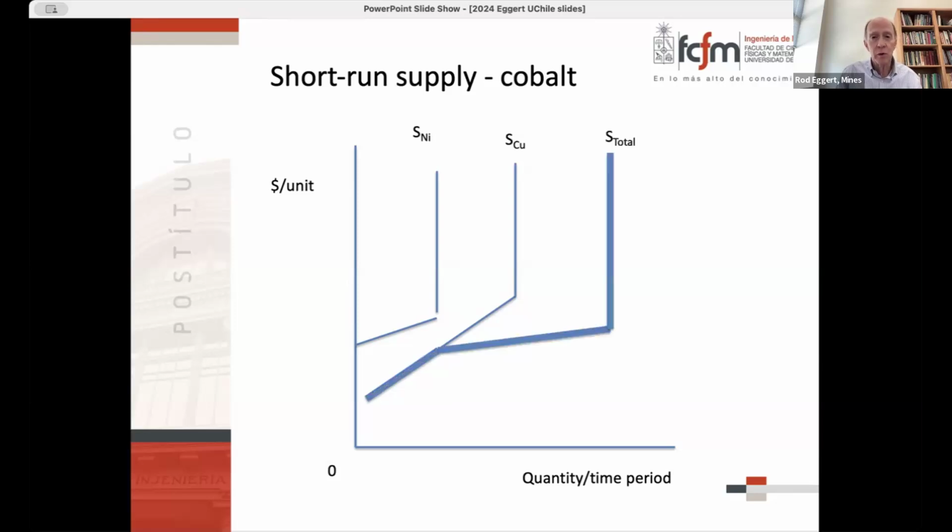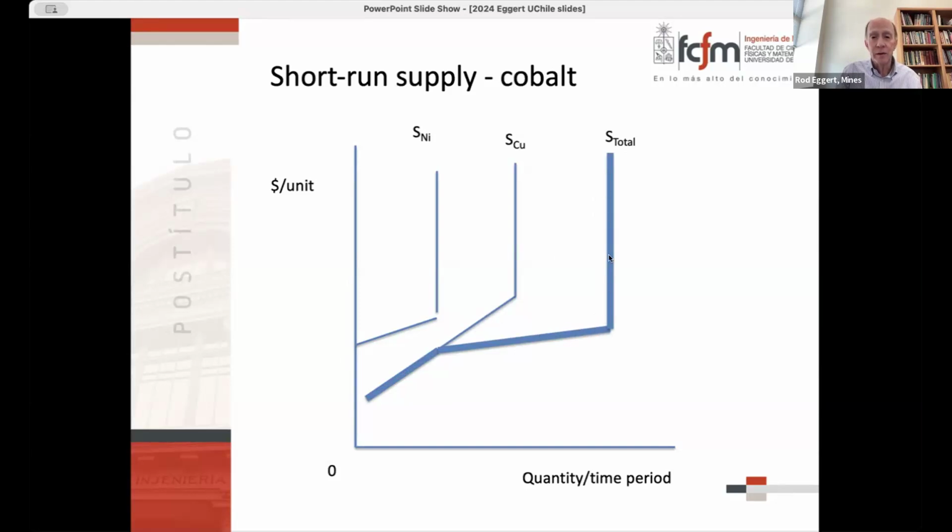And so we'll have a total supply curve that looks something like this, where the total supply curve is the summation of the cobalt from nickel supply curve and the cobalt from copper supply curve.